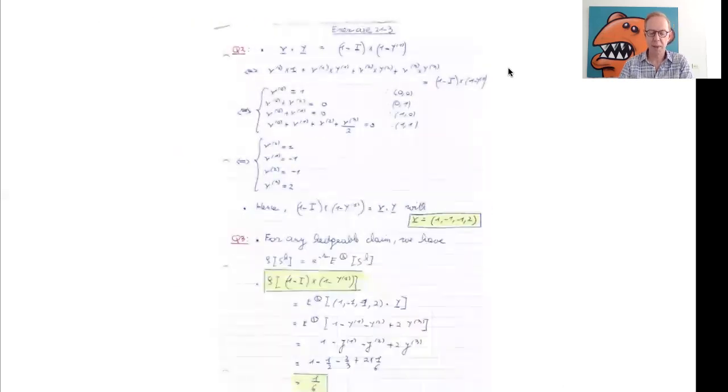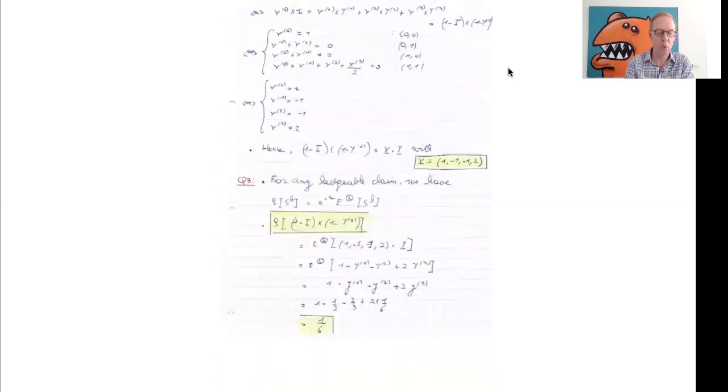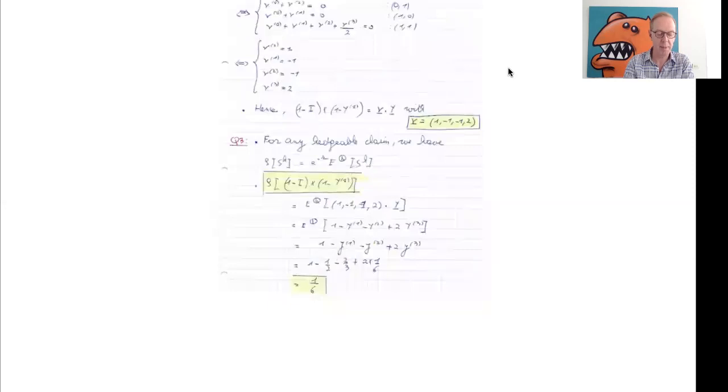For any hedgeable claim, rho(SH) is e to the power minus r times the expectation under Q of SH. So let us calculate this rho for the claim S, which is also hedgeable, and we find that this must indeed be equal to 1/6.